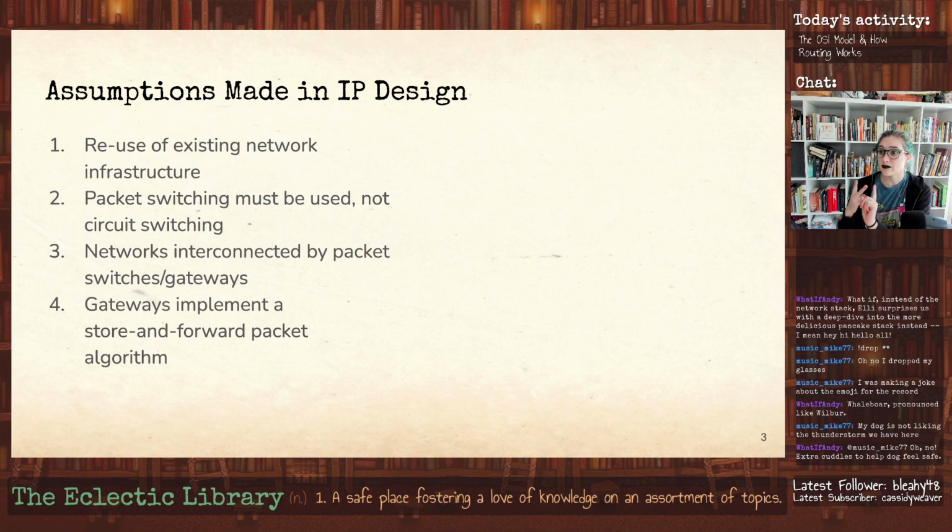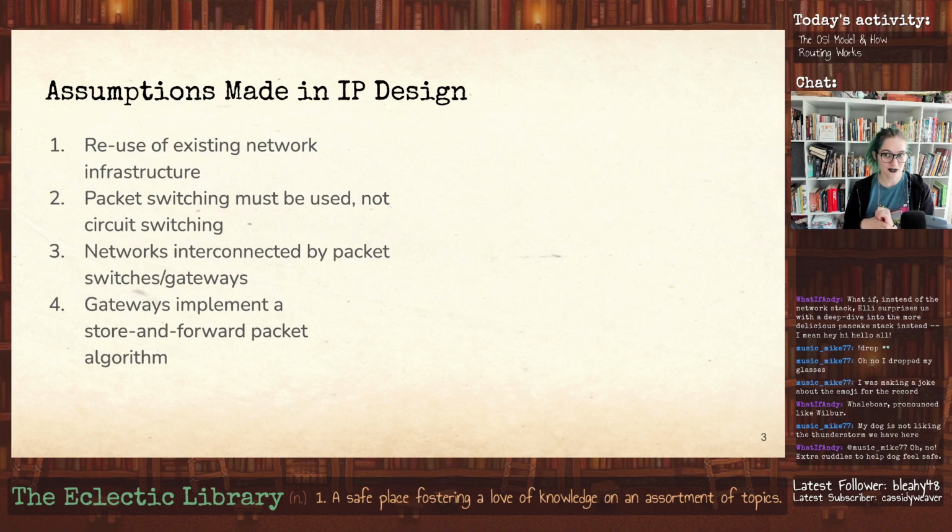Two, that they were going to do packet switching, not circuit switching. This was primarily because ARPANET was already the biggest network and it used packet switching. That networks were going to be interconnected by packet switches, by gateways, and that all gateways that interconnected these networks would have a store and forward packet algorithm implemented.